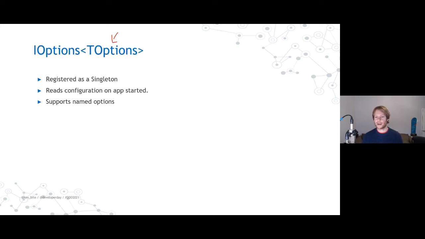It's going to be the same one from when the app started. It also supports named configuration options. So if you're using two different Twilio accounts with different API keys, you can still bind to the same typed object, but just give them a name instead.